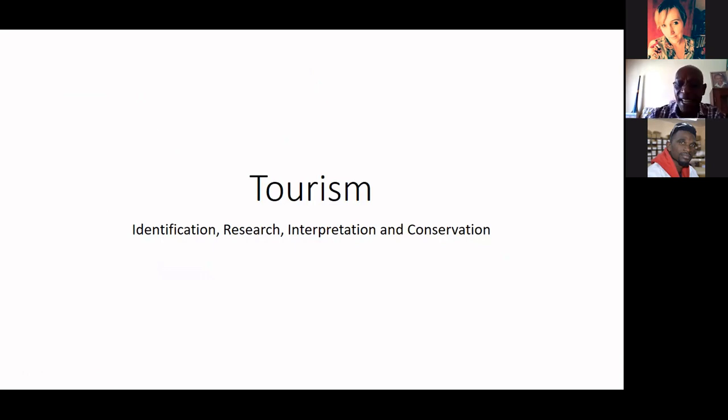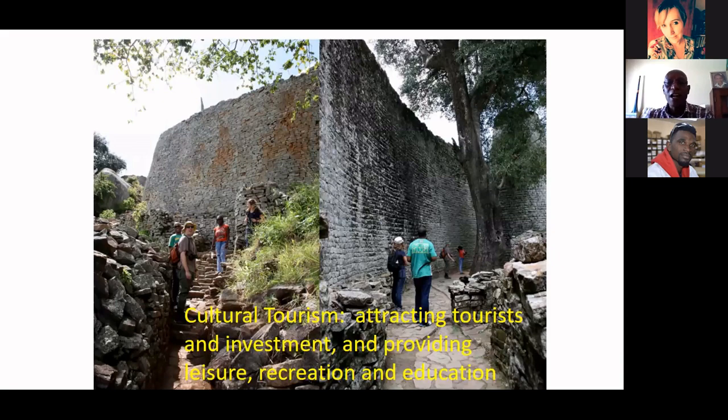Then, of course, one can look at tourism, in terms of us as archaeologists identifying the resources, researching them, interpreting them and conserving them such that they are usable in the tourism industry, which is one of the major drivers of economic growth throughout the world. If you look at cultural tourism and some of our major archaeological sites, these are also major tourist centers.